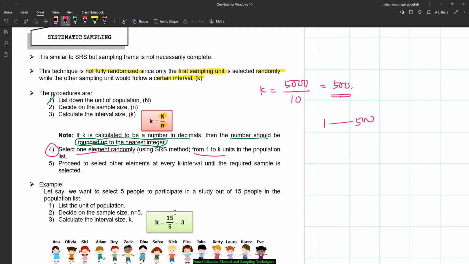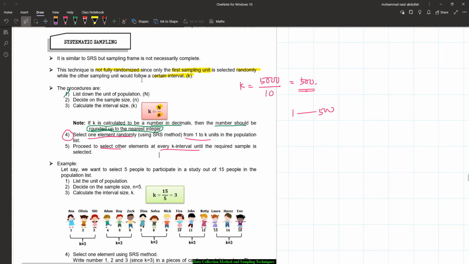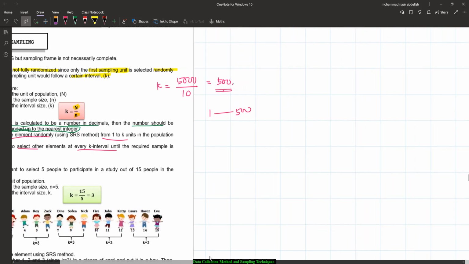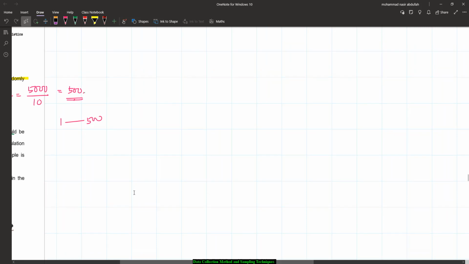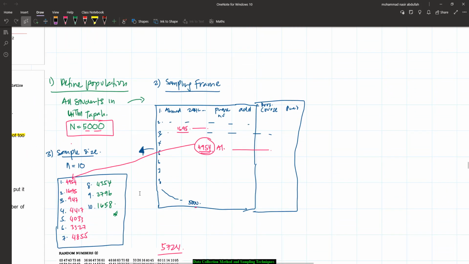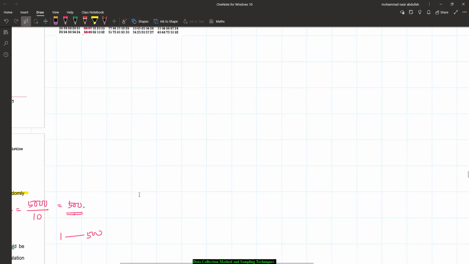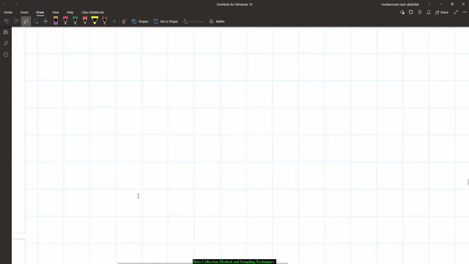And then proceed to select other elements at every K interval until the required sample size is met. For example, kita menggunakan example yang sama. Let's say we want to select 10 students out of 5,000 students using a systematic sampling technique. Right?